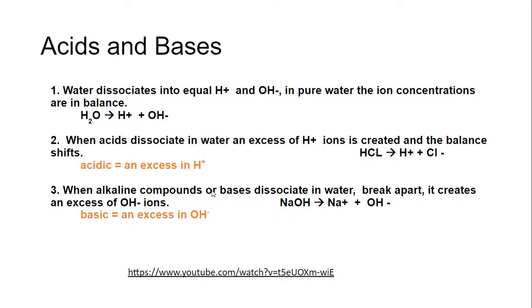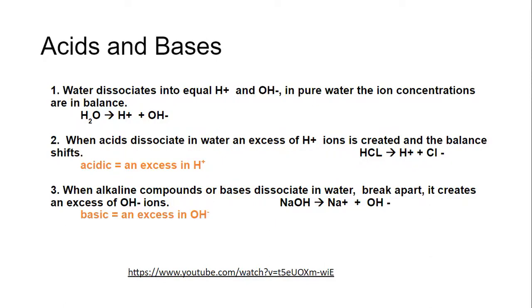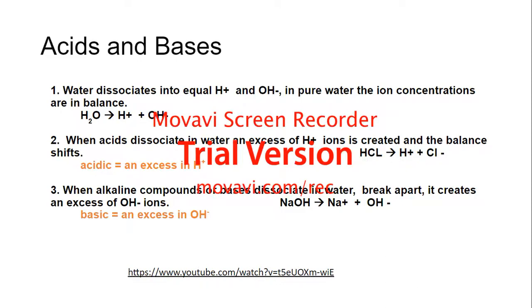Just remember with acids and bases, your blood doesn't want to be too basic or too acidic. Blood is naturally around 7.4, so it's very slightly alkaline, almost neutral. But you don't want it to become too acidic or too basic. That's bad. It has to stay in a certain pH range.